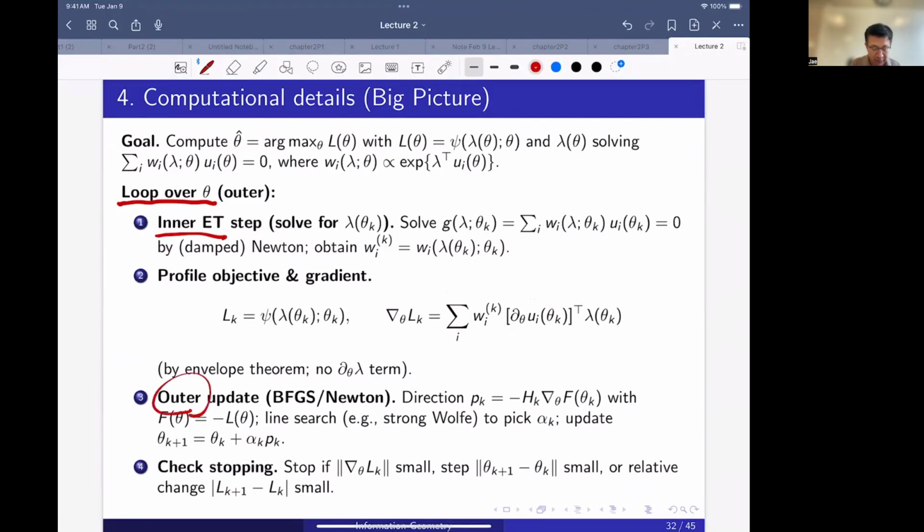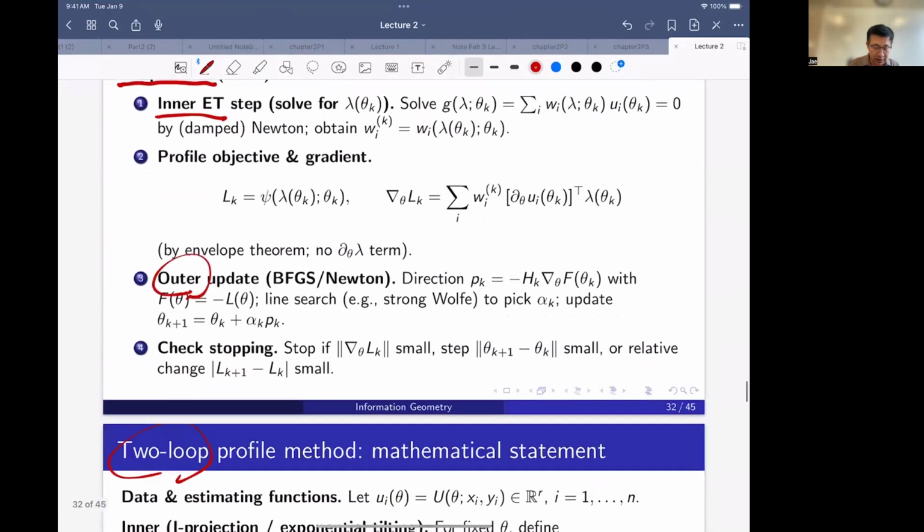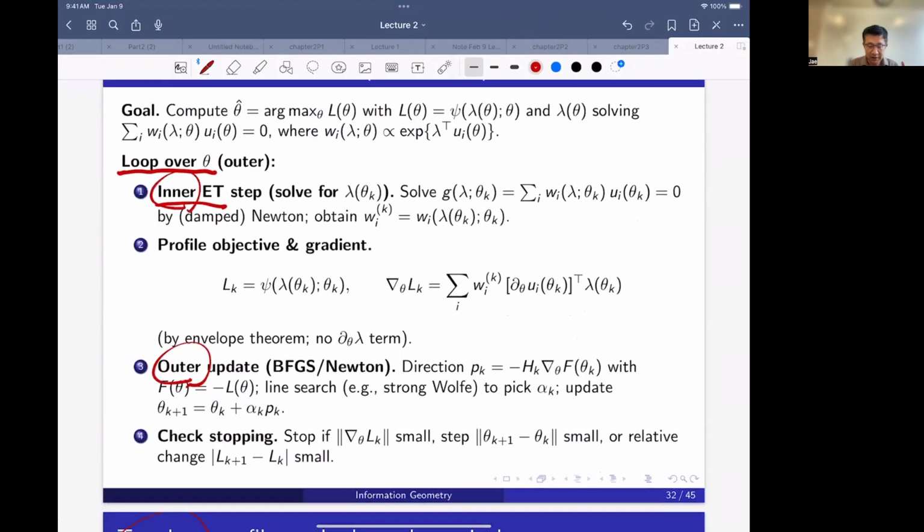and outer loop. Okay, so the inner loop is, for given theta, you determine lambda, and basically we can use Newton method to solve for lambda. Okay, so basically this is finding lambda for given theta k. Outer means we want to update theta.